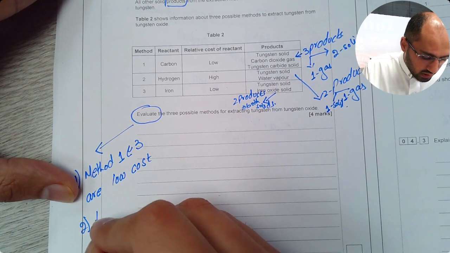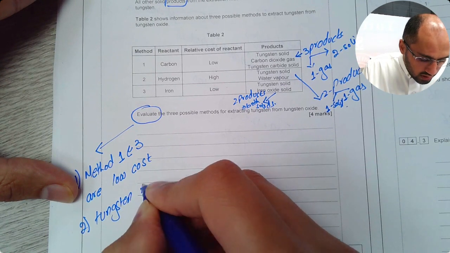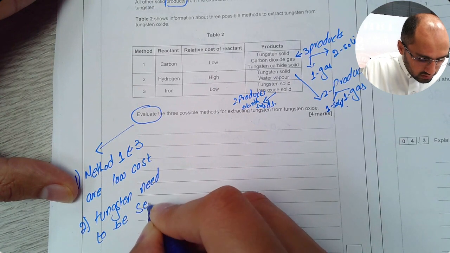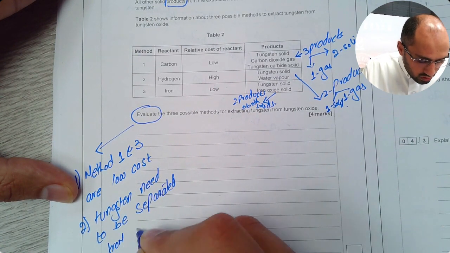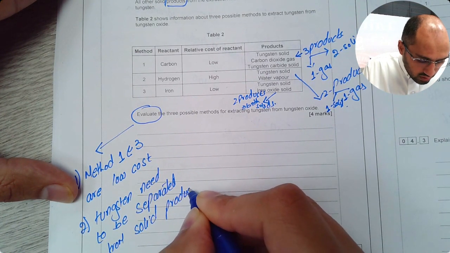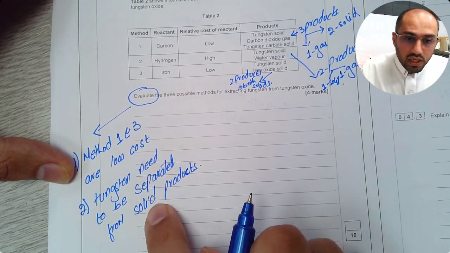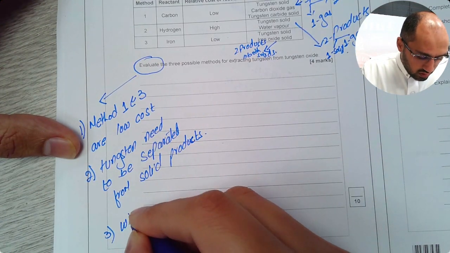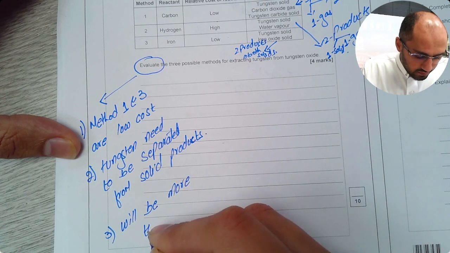So you'll have to say tungsten needs to be separated from solid products. Now, if this is the case, then it will be more time consuming.